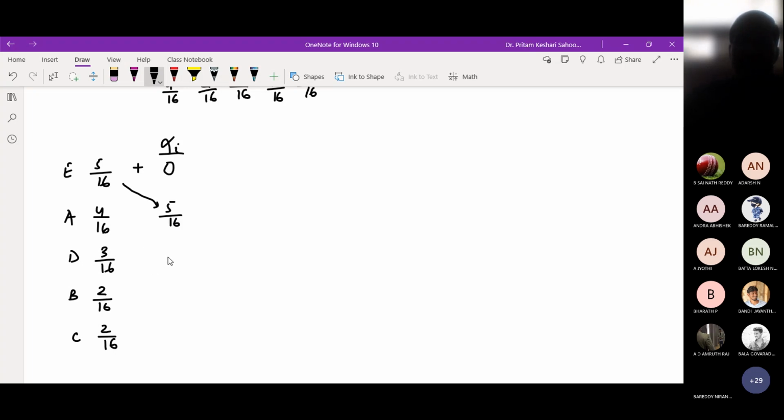Similarly, alpha 3 we can obtain by taking the summation of this as well as this probability. So it will be 9 by 16.